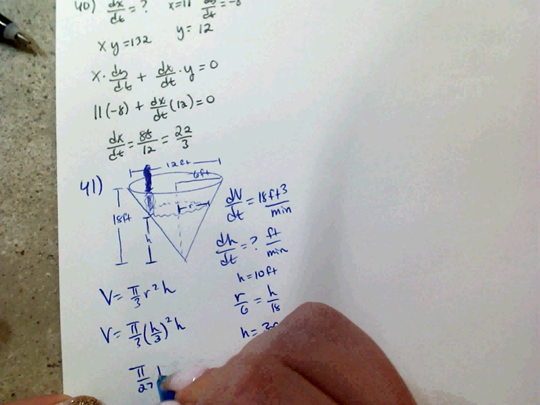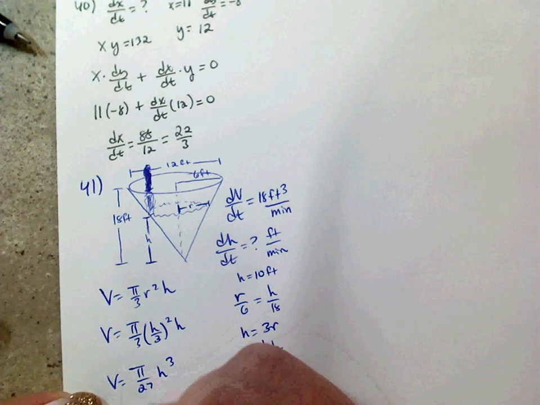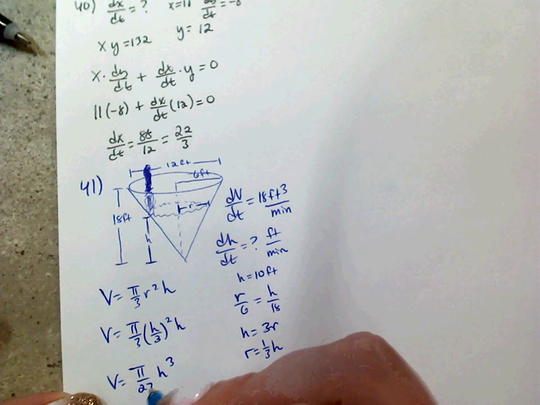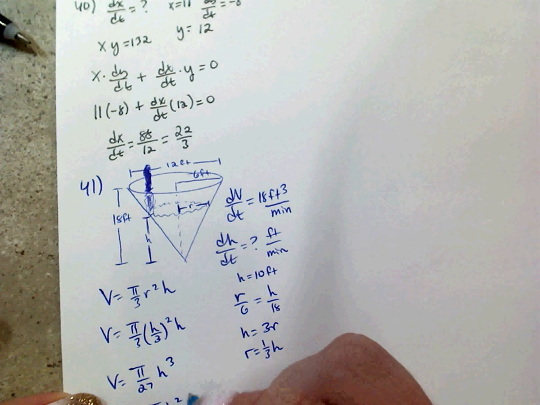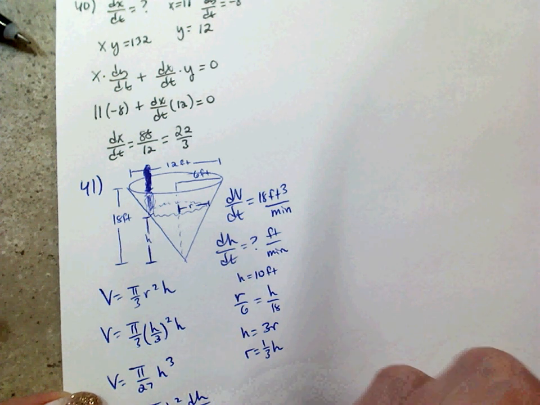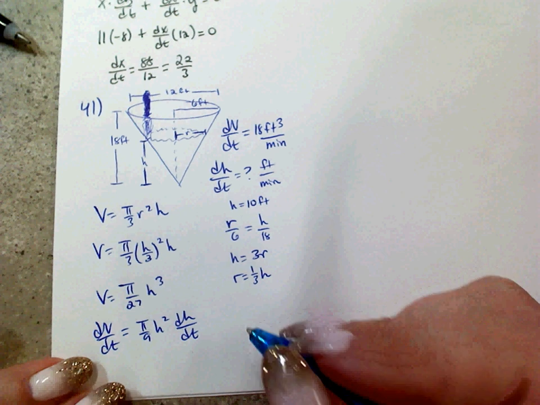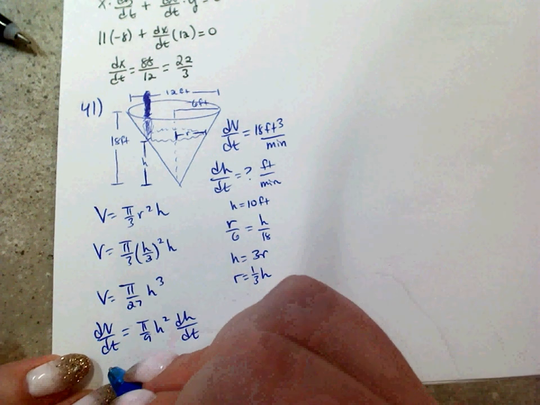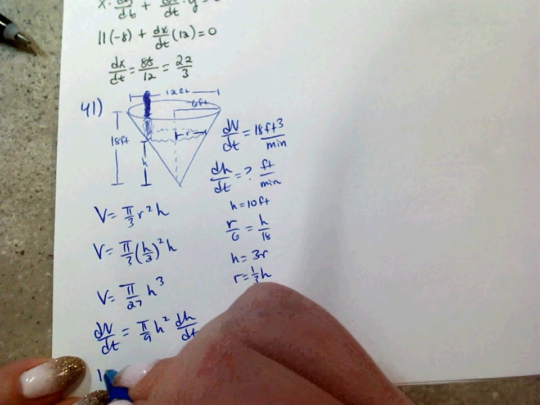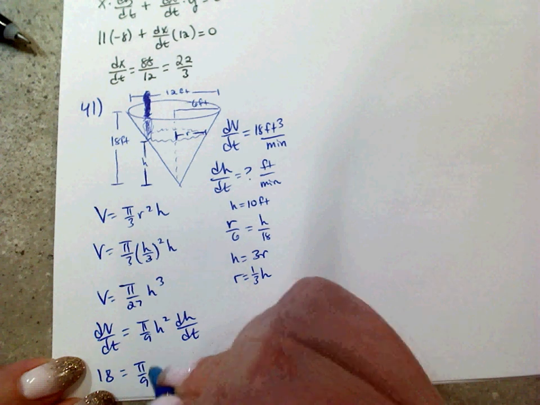dV/dt, the derivative, is pi over 9 h squared dH/dt. Power on the front, subtract from the power, tack on a dH/dt. dV/dt equals 18. Pi over 9, the height at the moment is 10, so that would be 100. And then we're trying to solve for dH/dt.